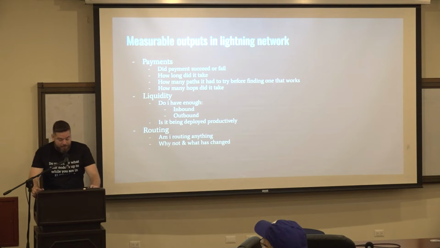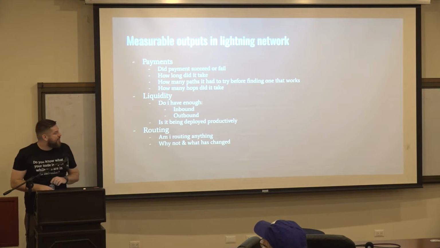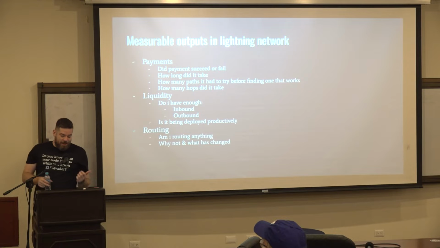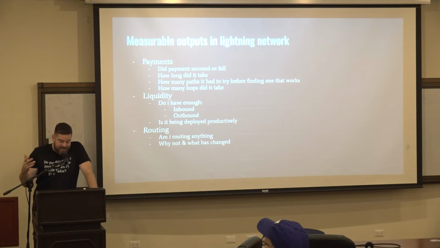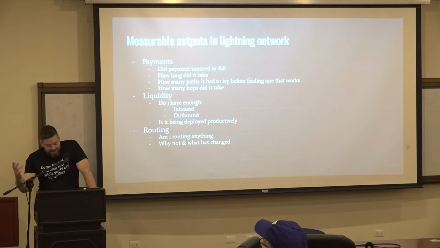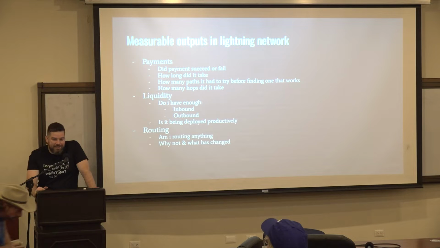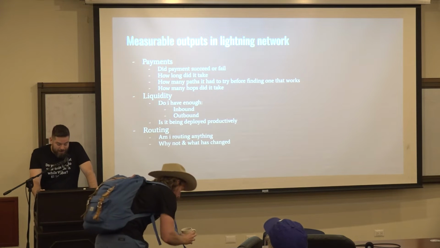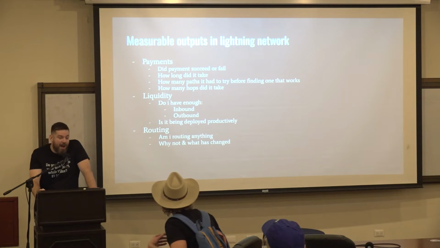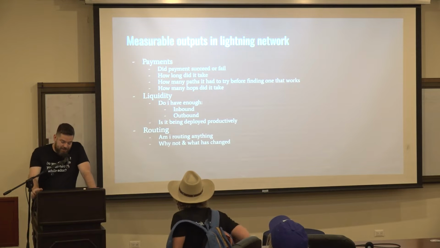What are some outputs that we can measure in the Lightning Network? The obvious one is payments. Did the payment succeed or fail? That's the essential one. But how long did it take? How many paths did it have to try before finding the correct route, which is also one of the problems we might be facing? How many hops did that path actually take?